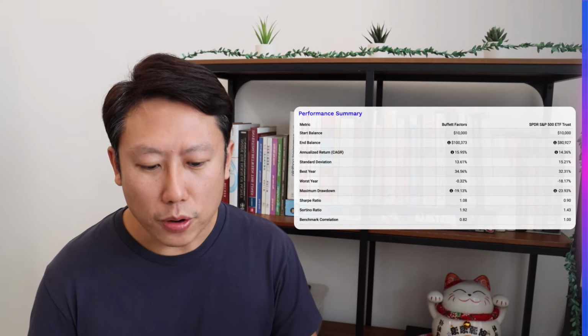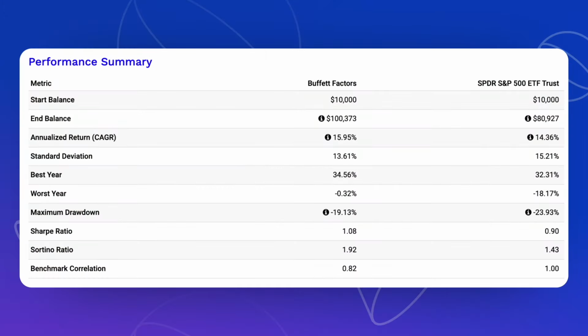So I wanted to point this out to you in terms of the risk measures. Yes, the annual return was about 15.95% per year, while the S&P was about 14.36% per year. Okay, so these are fantastic returns. But on the risk side, for standard deviation, the higher it is, the higher the fluctuation of the stock.